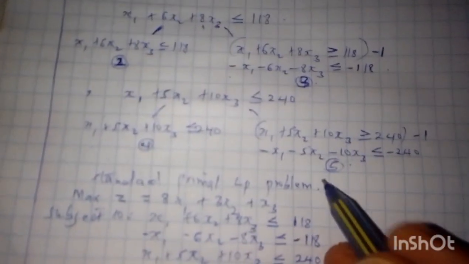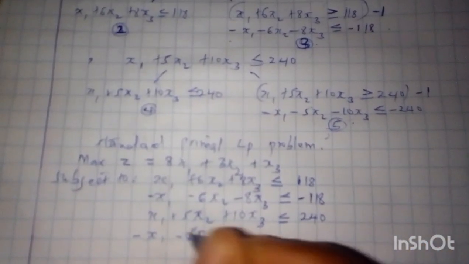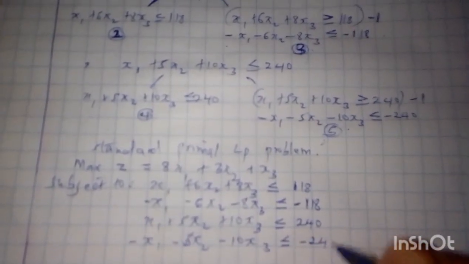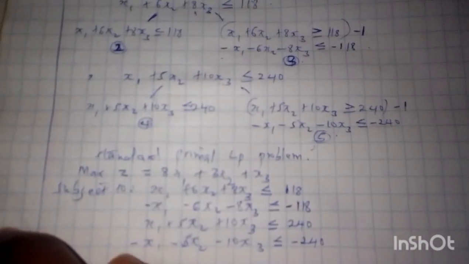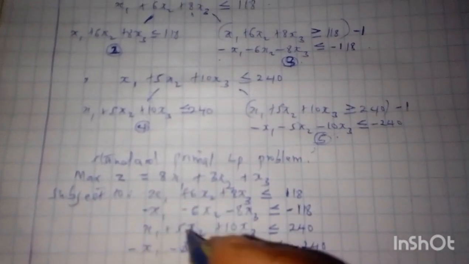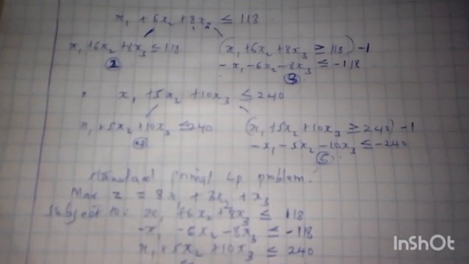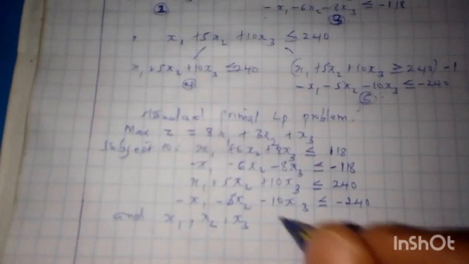Then 5 is negative x1 minus 5x2 minus 10x3 less than or equals to negative 240, and x1, x2, x3, remember, just copy this now. Are you getting what I'm saying? Is greater than or equals to 0.